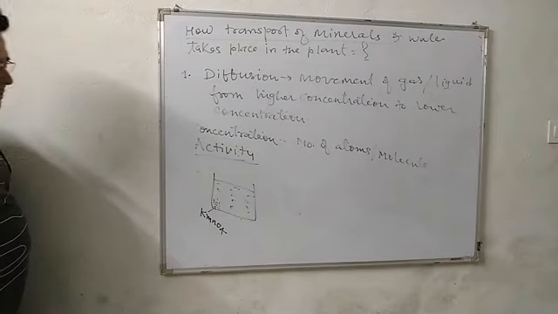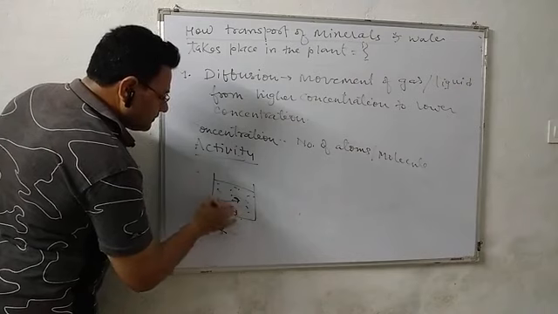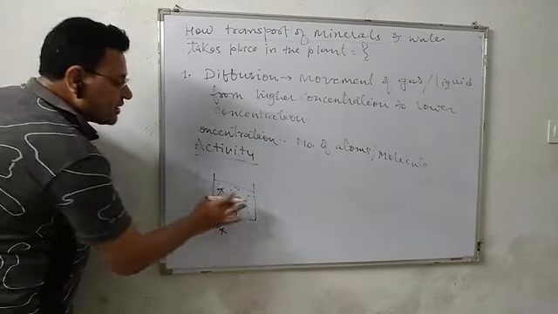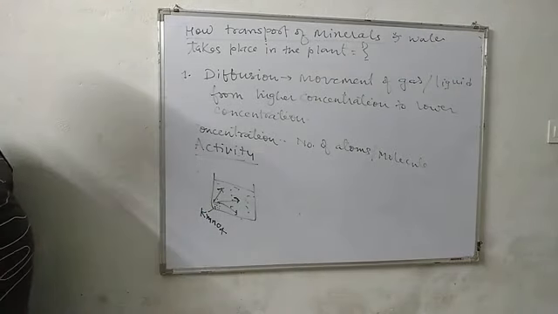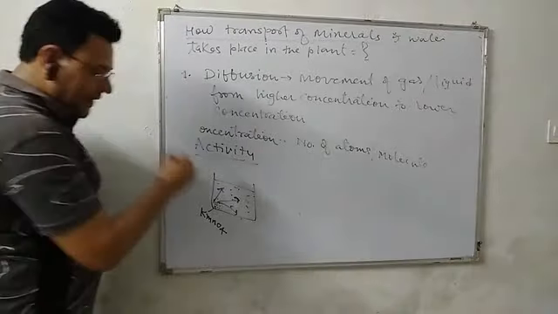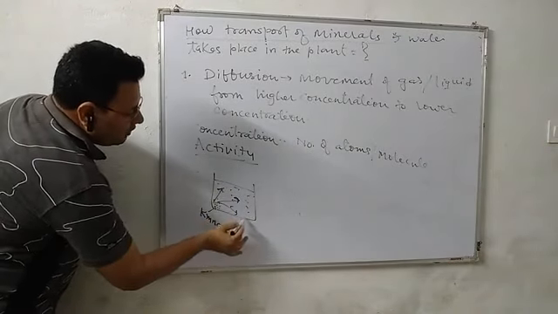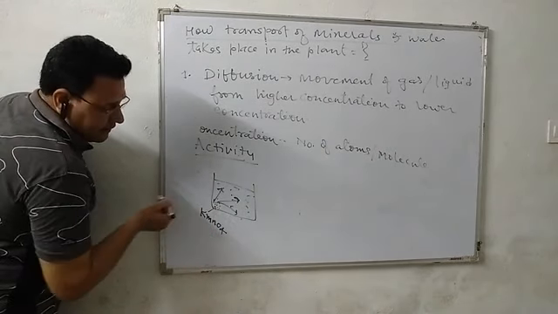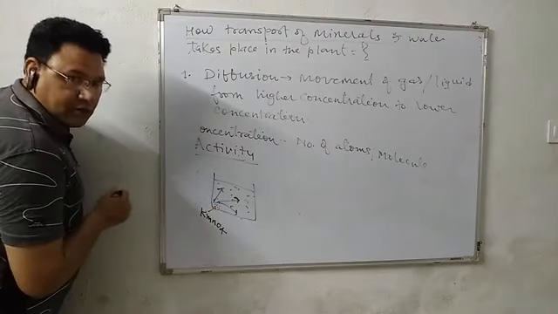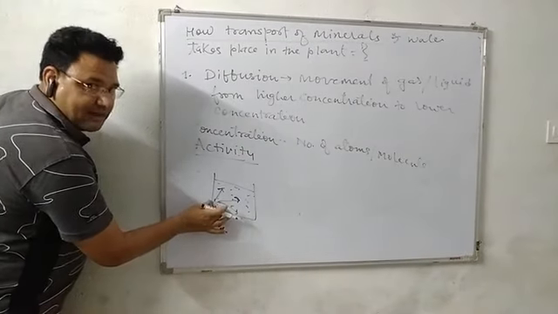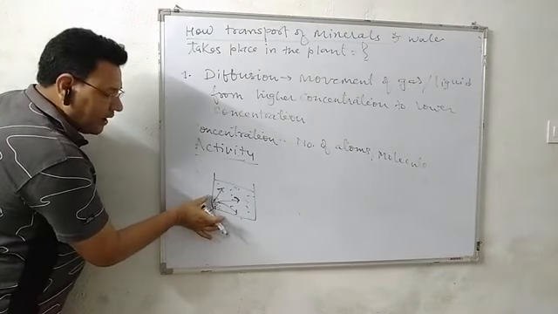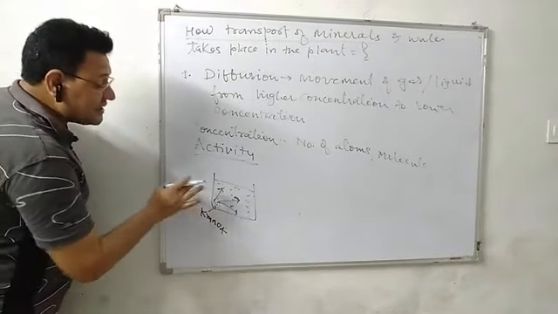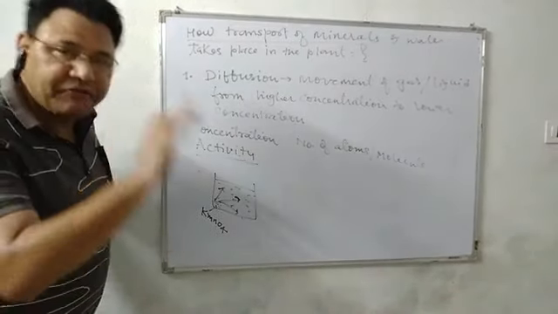After a few seconds, you will see that the color of the solution turns red. You can see this whole volume. Here only water is present and one corner has KMnO4. So the number of molecules is greater there, so there is greater concentration, and from greater concentration they go to lower concentration. This is the phenomenon of diffusion.